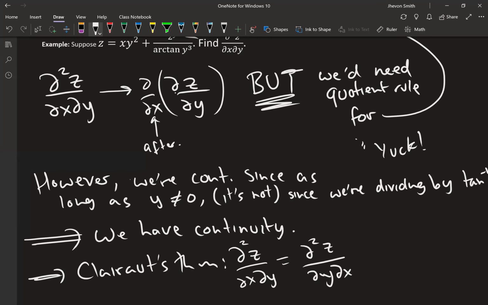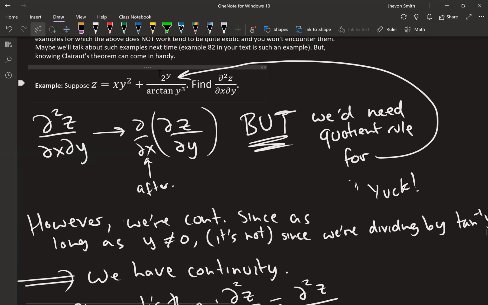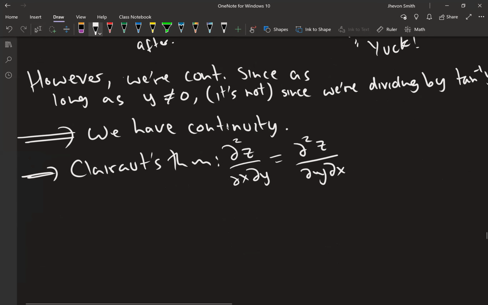Now, when you look at it that way and you go up top, notice what happens. The partial with respect to x is easy for this guy. I don't need the quotient rule anymore, because as far as x is concerned, that guy's a constant. So that just goes to 0. Then I would have to take the partial with respect to x of this. So that just leaves me with y squared, and so that's just 2y.